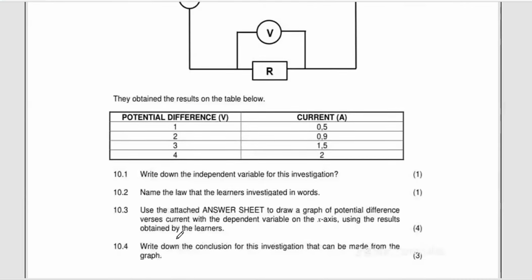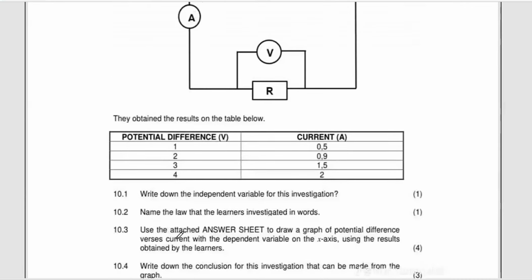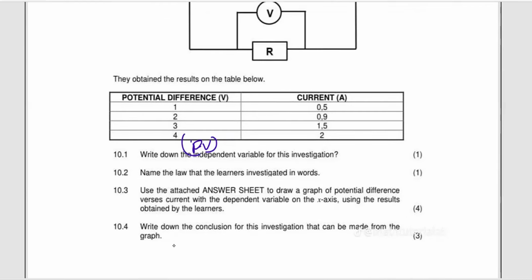Now remember, the independent variable is something that is not affected. So in this case, our potential difference, PD, is the independent variable. They then ask us to name the law that the learners are investigating. This is what we call Ohm's law.